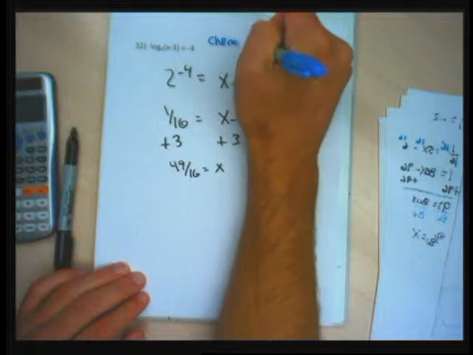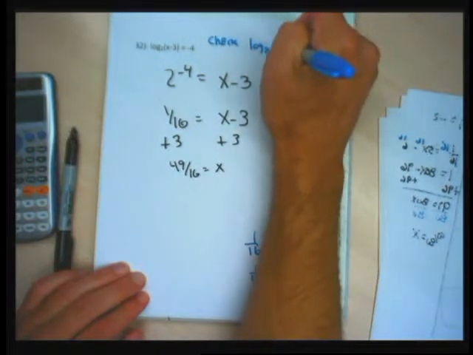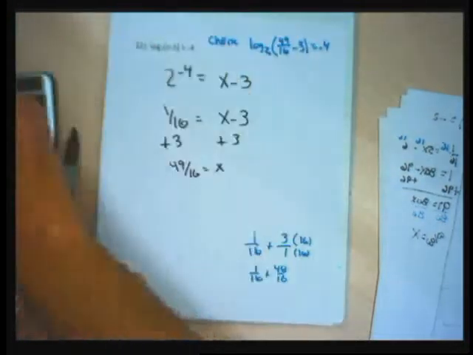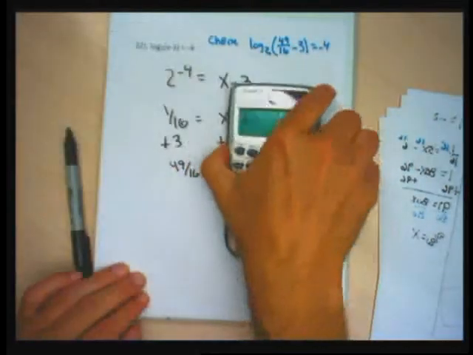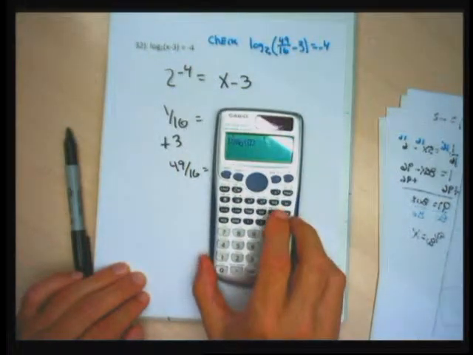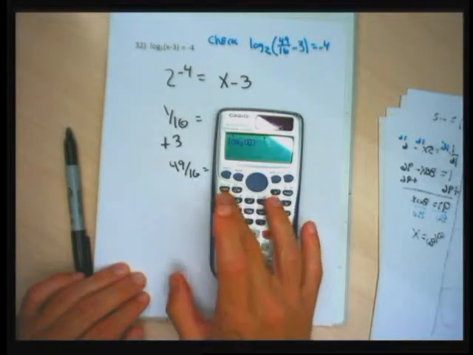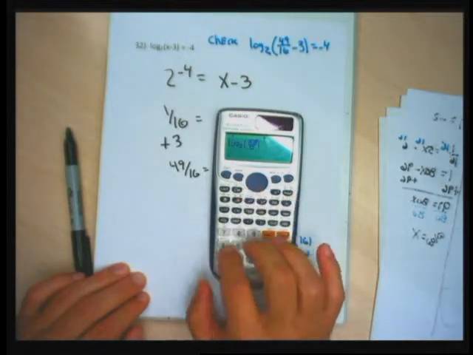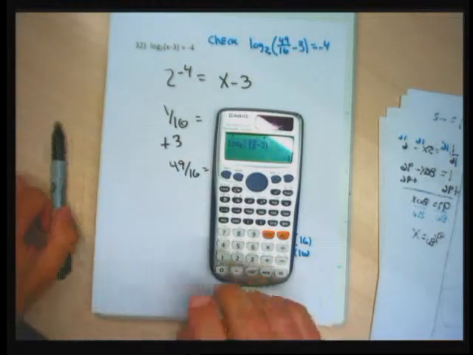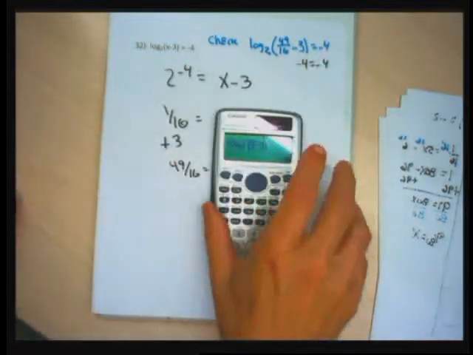I'm going to see if the log base 2 of 49 over 16 minus 3 equals negative 4. No reason to think it doesn't, but I can't do that in my head by any chance. So the log base 2 of fraction 49 over 16 minus 3, and I get negative 4 equals negative 4. So I've done well there.